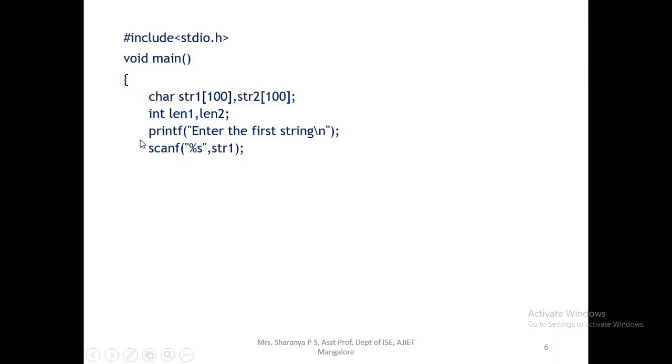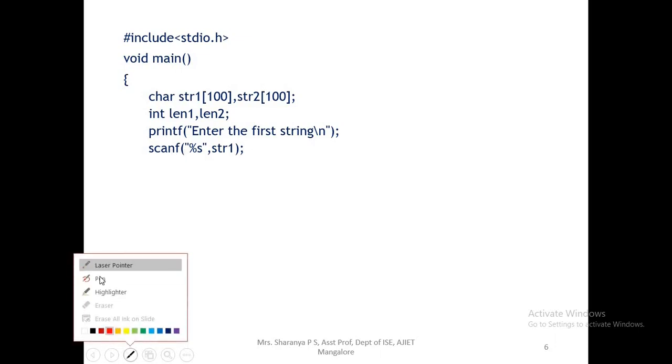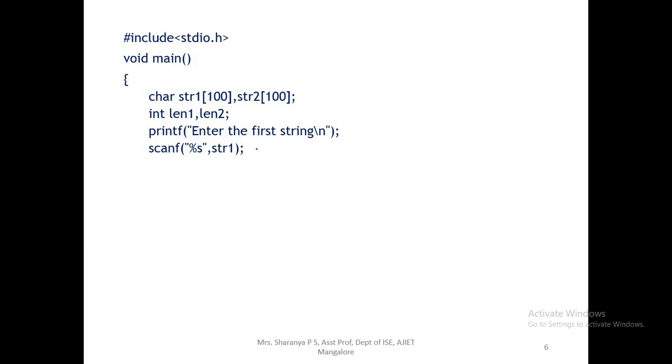Instead of this scanf, we can also write gets with str1. That is how we can write gets. This is a function which is used to read a string from the keyboard, and for that we are passing the string name, that is nothing but here str1. What is the benefit of this?